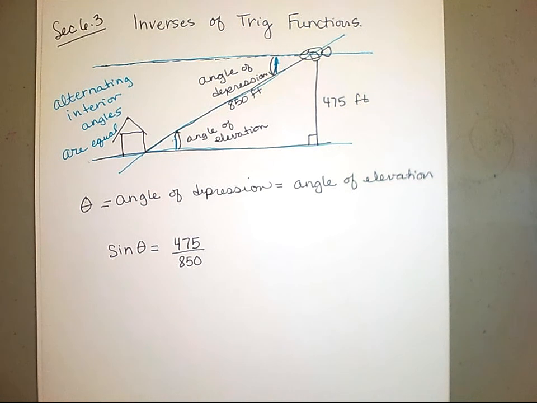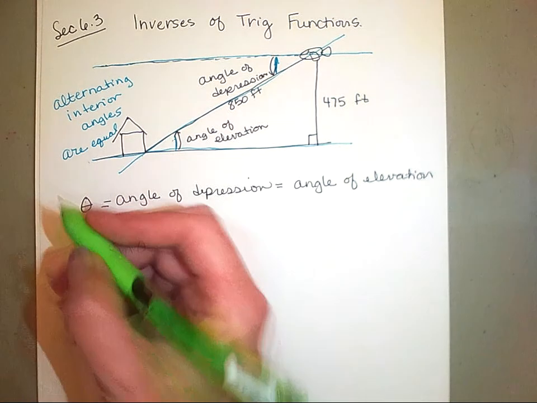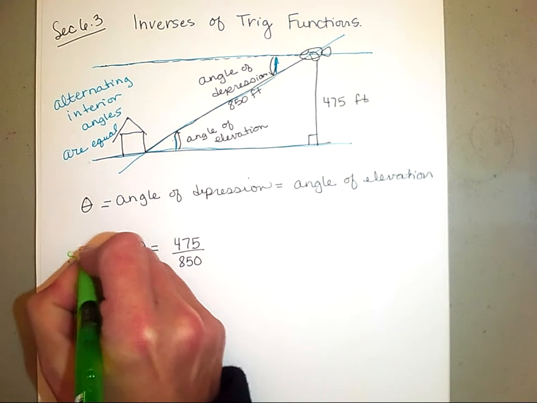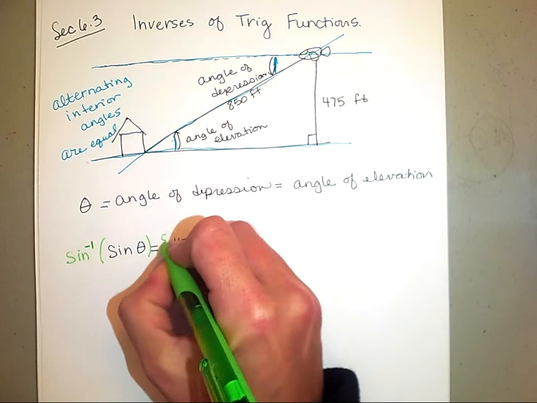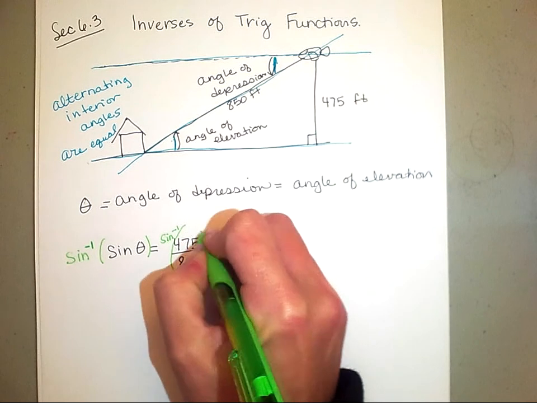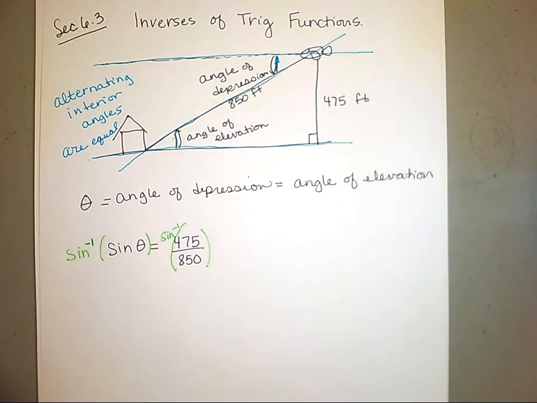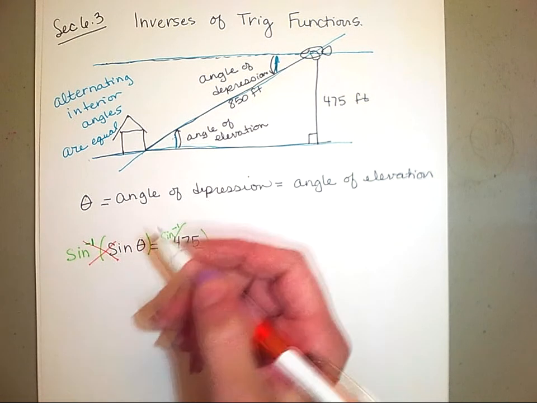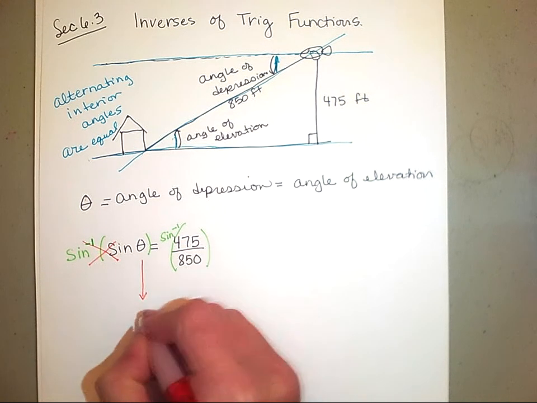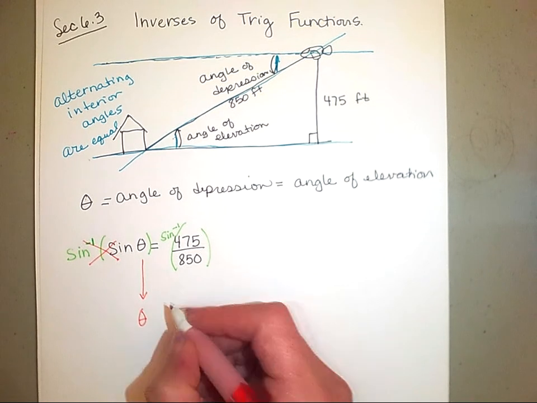So we need a way to undo this, and I alluded to this last time, that the trig functions, under certain restrictions, which we're going to learn about today, have an inverse. So the inverse is noted by a -1, just like f inverse is. I could take the inverse sine of both sides, and then the inverse and its function will undo each other, leaving just the angle.